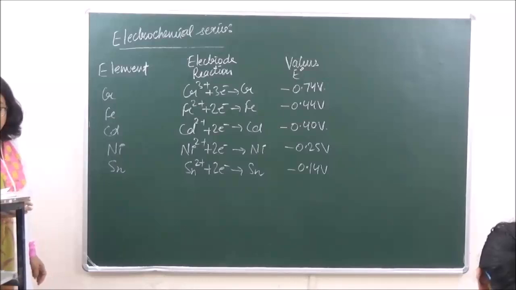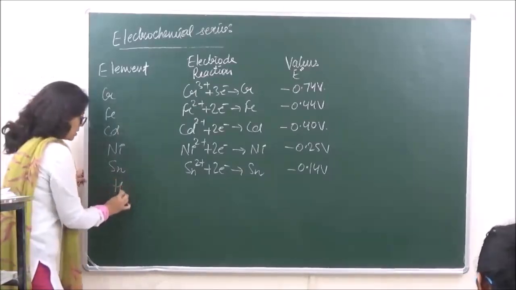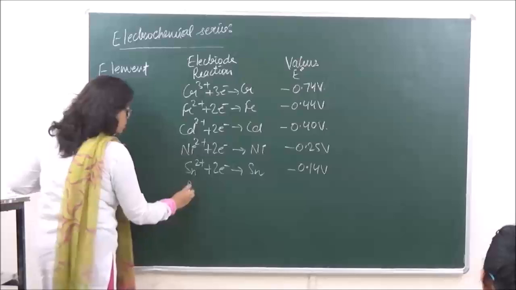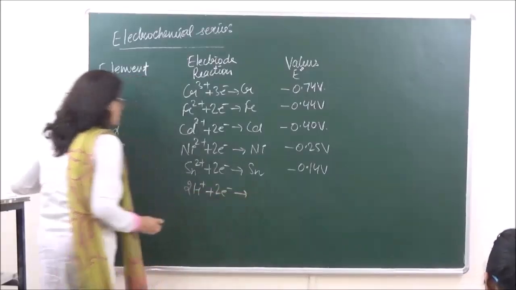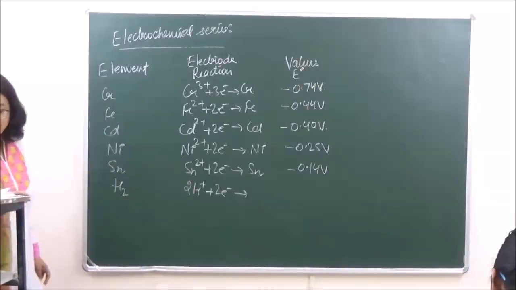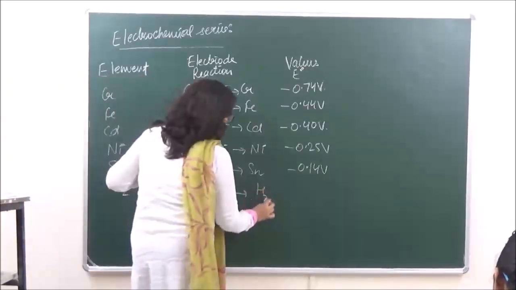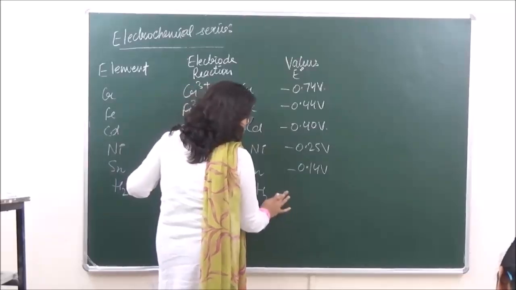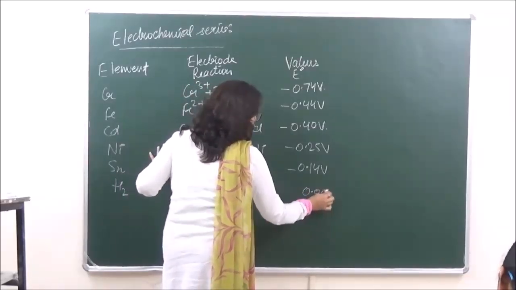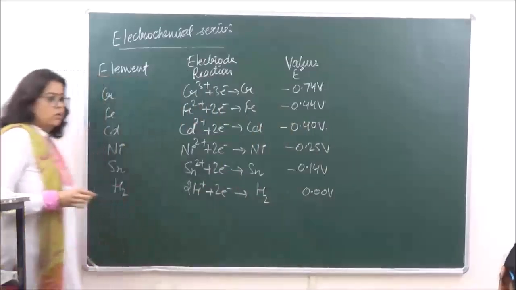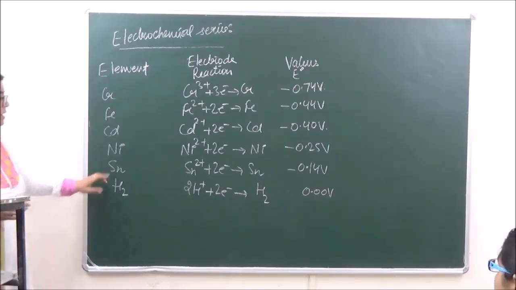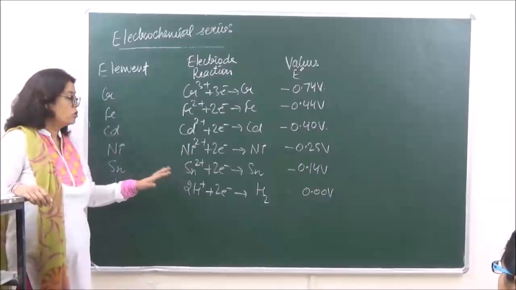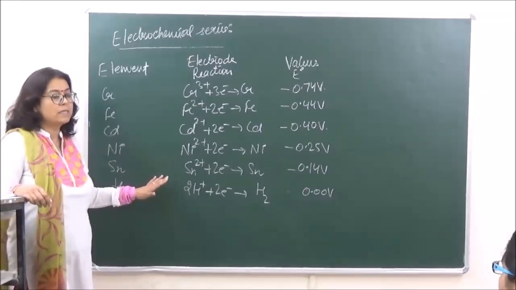Then after tin we have hydrogen: 2H+ plus 2 electrons to give us H2, and this is the center with a value of 0.00 volts. So hydrogen is taken as the midpoint of the electrochemical series, where the reduction potential is 0. The value of hydrogen is taken to be standard.